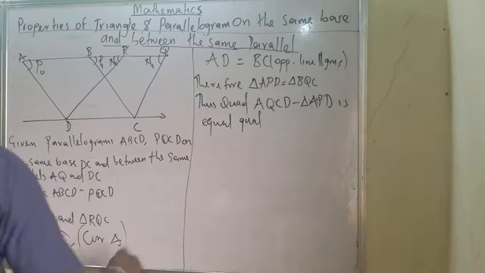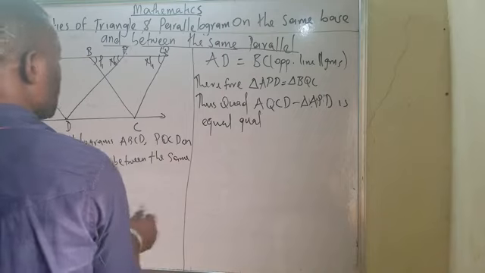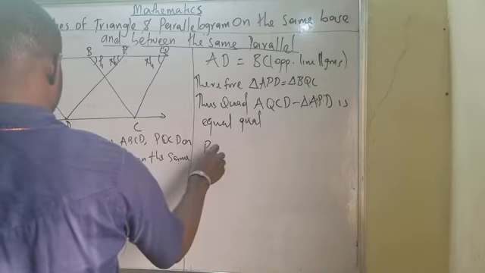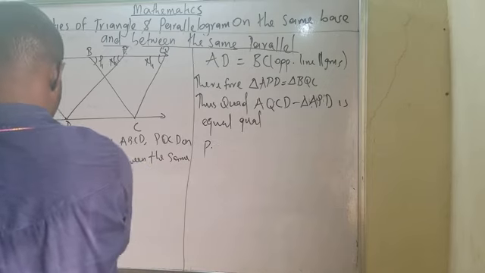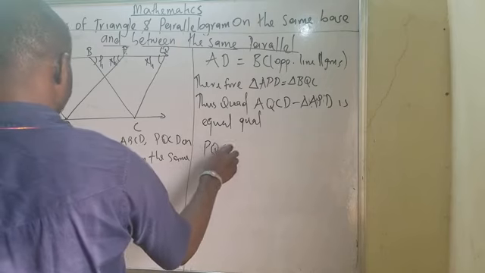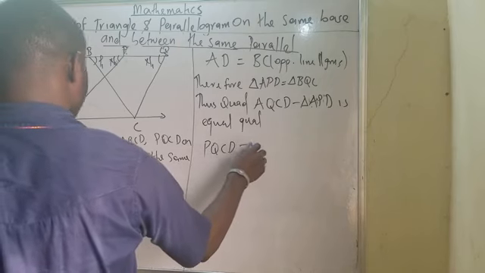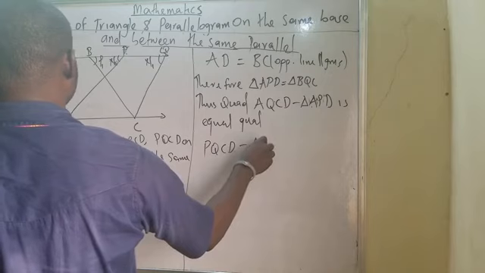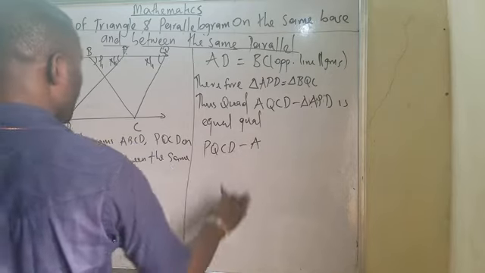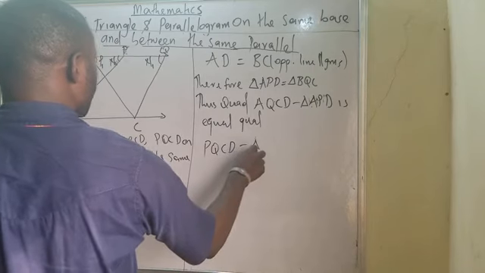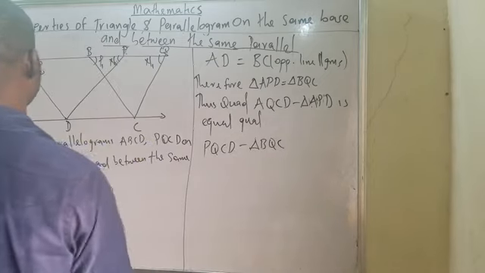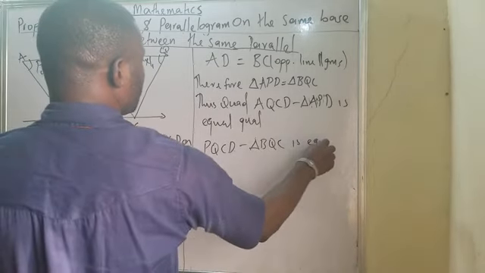Now, I can say that it means PQCD minus triangle BQC, which is equal.